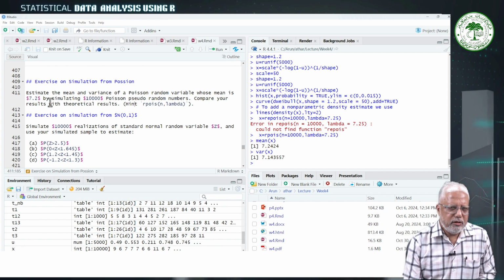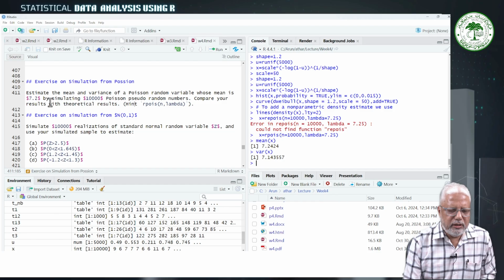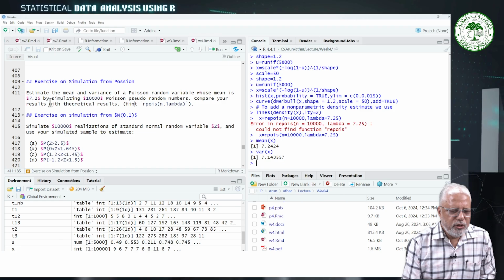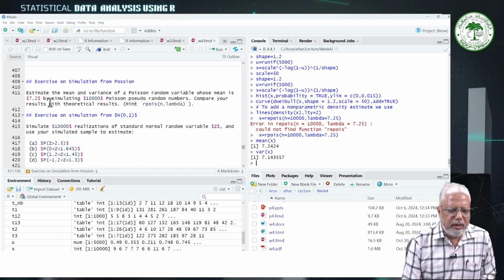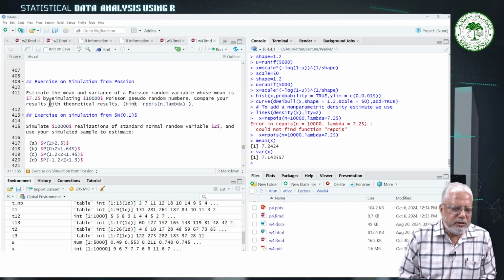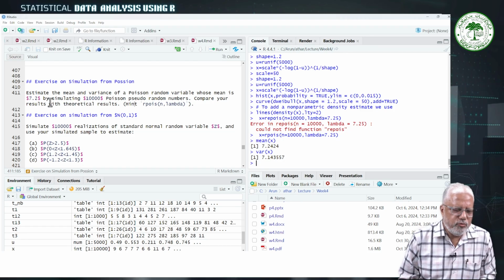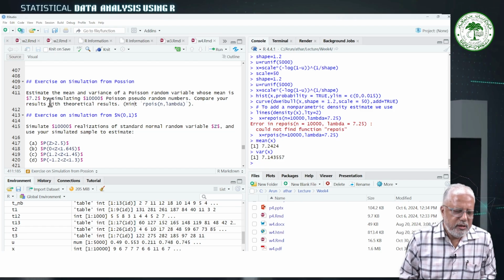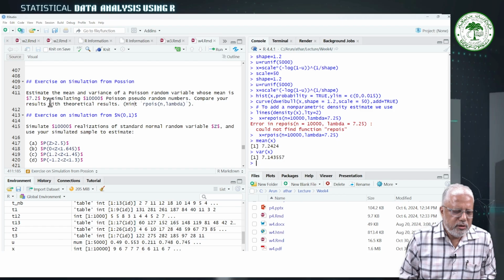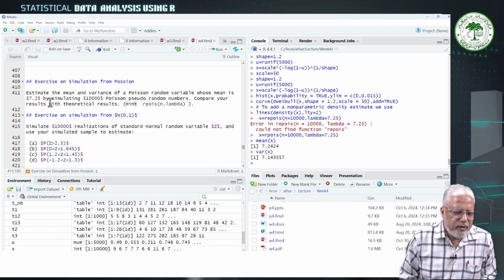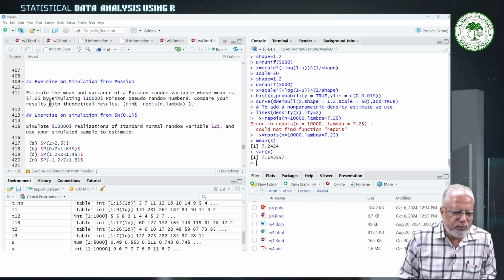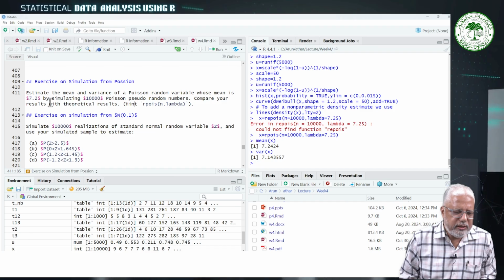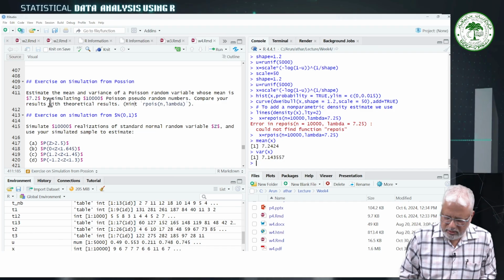Simulate 1000 realizations of a standard normal random variable z and use your simulated sample to estimate the probability z greater than 0.25, the probability of 0 less than z less than 1.64, the probability of 1.2 less than z less than 1.4, and the probability of minus 1.2 less than z less than 1.3.